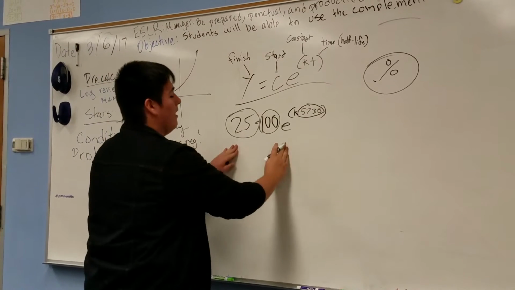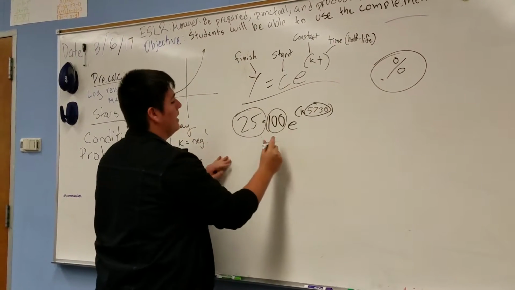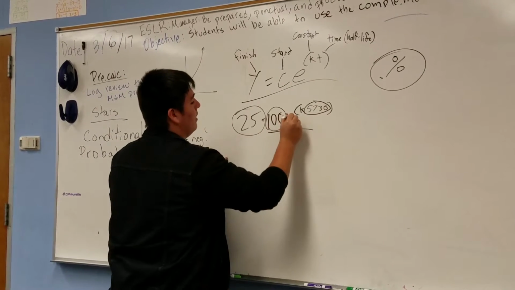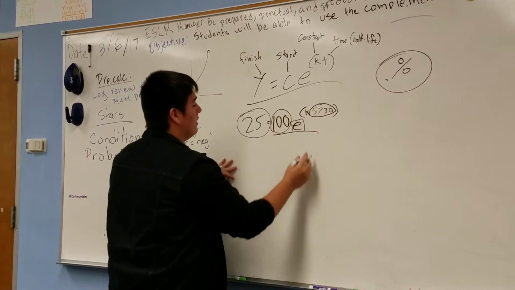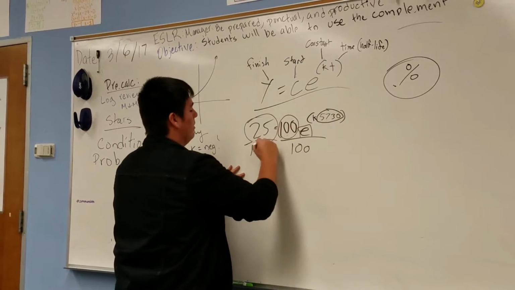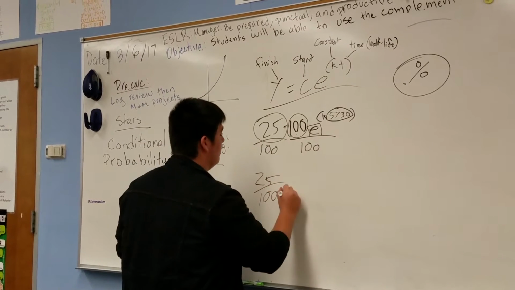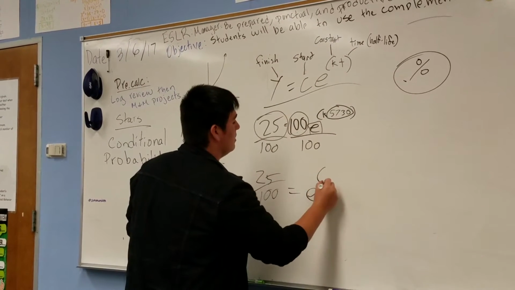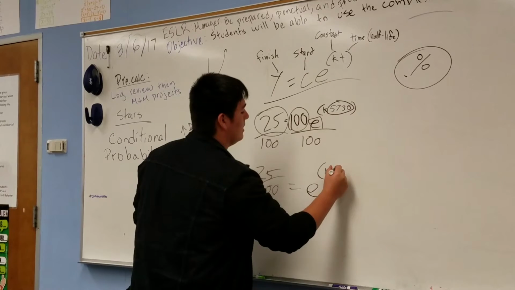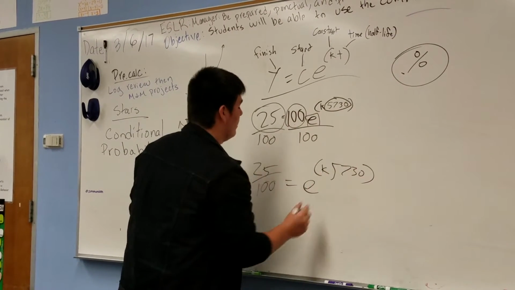In order to find out the answer to this equation, we have to work through it one piece at a time. First, we want to get rid of the E by separating it. So we divide both sides by 100 to get 25 over 100 is equal to E to the K times T, which would be 5,730.